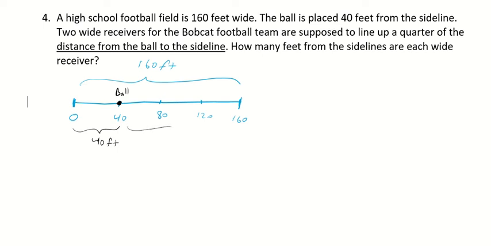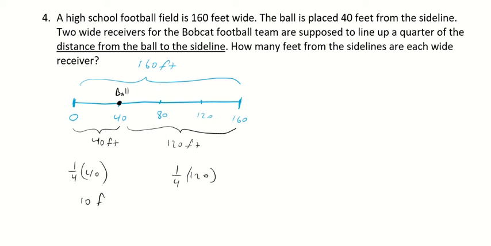But there's another sideline. And we're talking about 2 receivers. So this distance is 120 feet. So we need to find 1/4 of 40 feet and 1/4 of 120 feet.